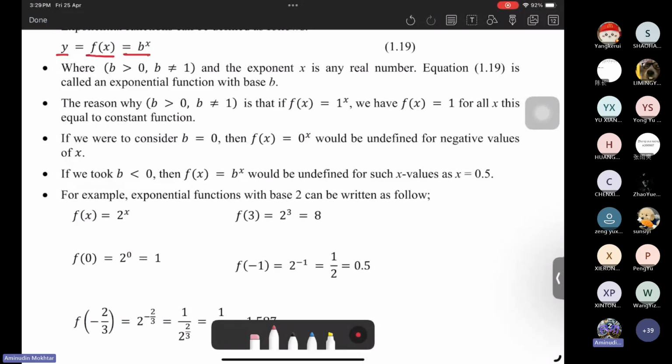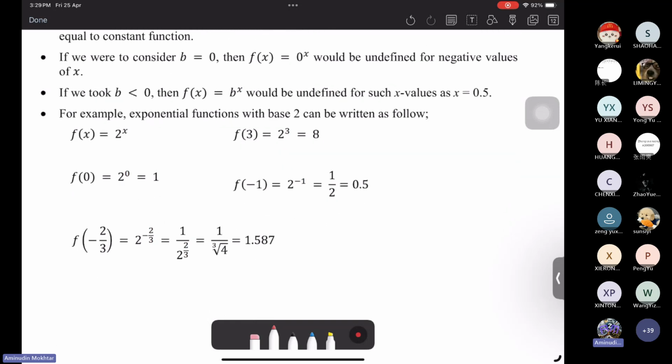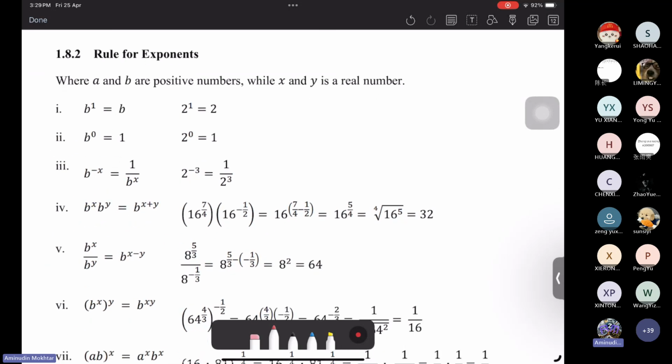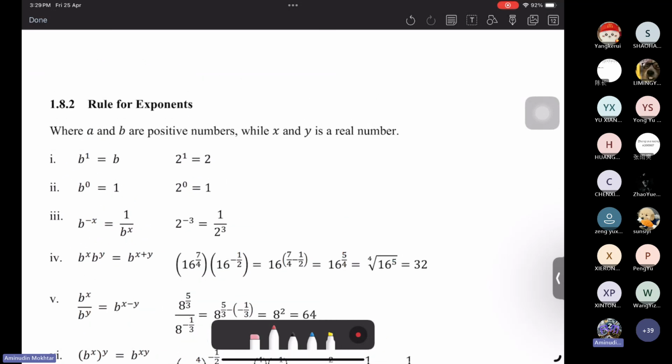An example is y equals 2 to the power of x, and we can replace x equal to 0, x equal to -1 into the equation. So again, what is an exponent? An exponent is when we have an equation like this: y equals b to the power of x, the exponent power of x.